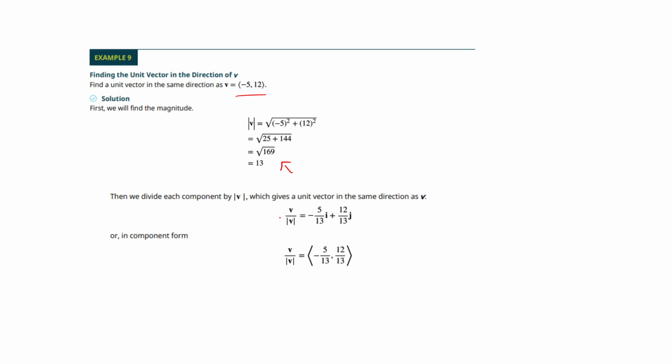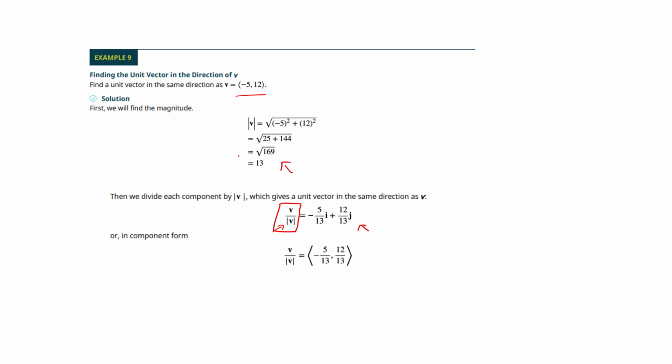So here's the formula, and let me talk you through this again. When you look at this final answer, it doesn't make a lot of sense what we've done. But if I just find the length of the vector, which is the magnitude, and I divide the original vector by that length, couldn't you see we've now created a unit vector? It's in the same direction, but it's only going to have a length of 1.